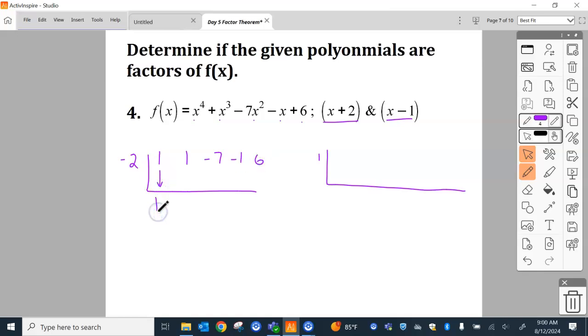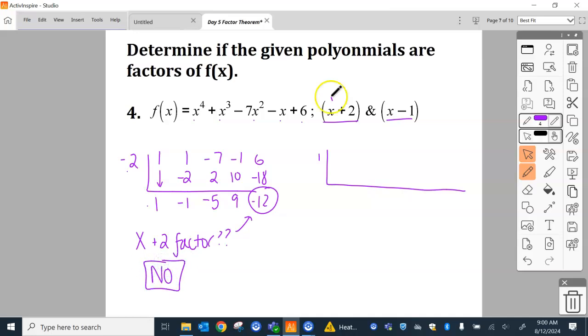Bring down that first number. Multiply, add, multiply, add, multiply, add, multiply, add. Okay, so is x plus 2 a factor? No, because our remainder is not 0.